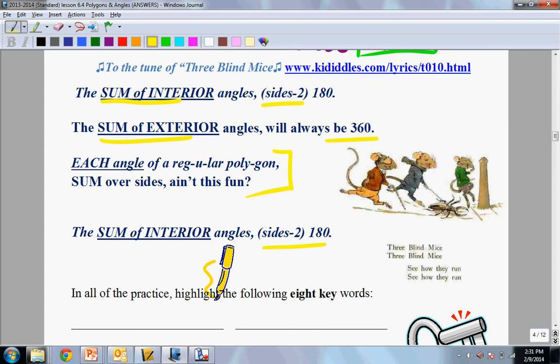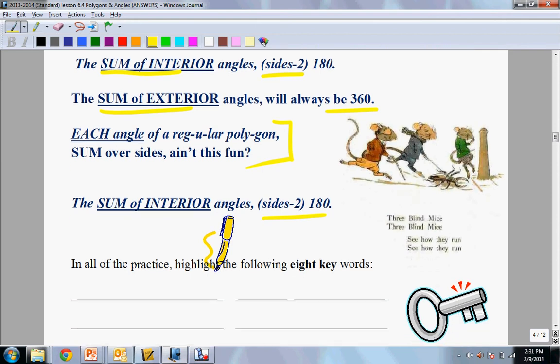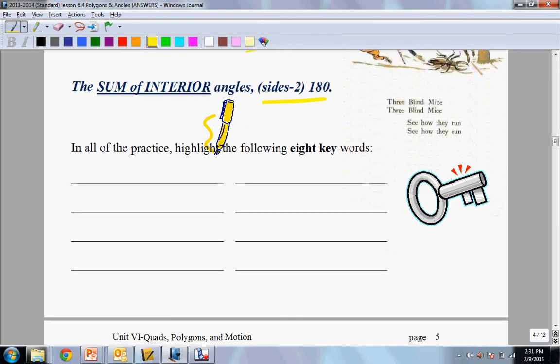Okay, while we're working with problems that have to do with polygons and angles, I really want you to watch out for these 8 keywords. When you see these keywords, you need to underline, highlight, or box them. The first keyword is the word sum, whether you're dealing with the sum of the interior angles.